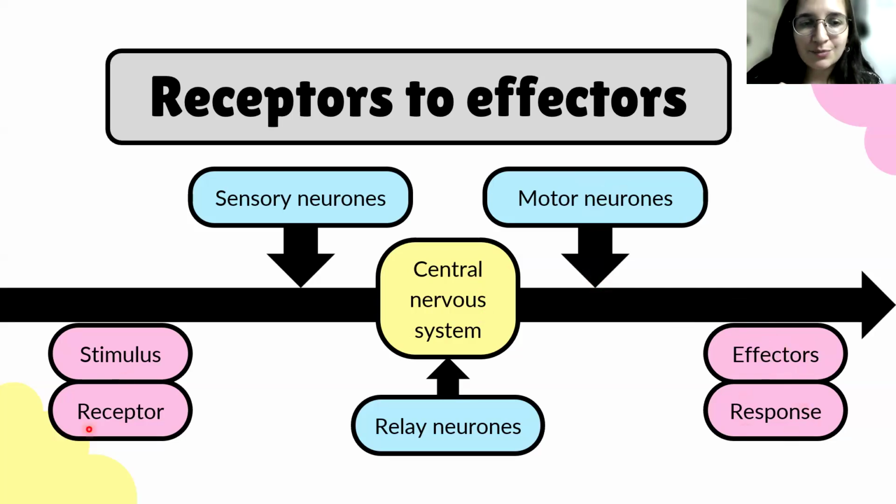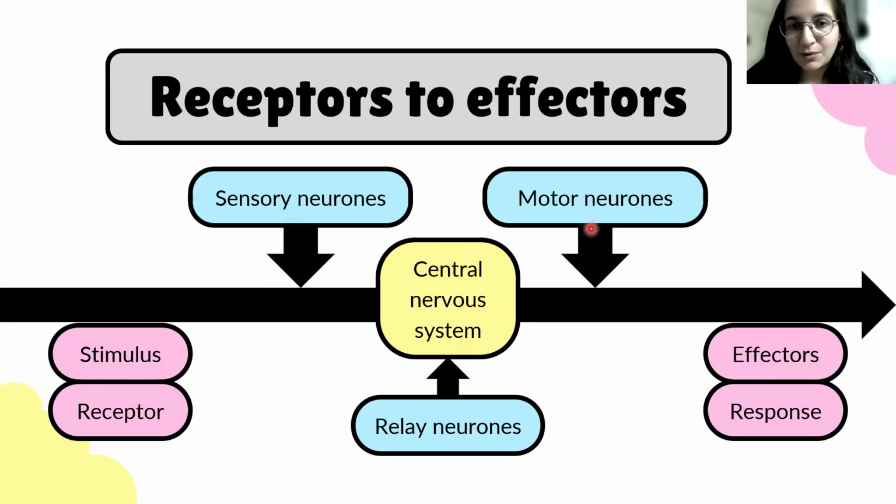So it all starts from receiving some change in the environment. Then the sensory neurons detect that and relay it to the central nervous system through the relay neurons, and the central nervous system decides what to do. The motor neurons are the ones that say, okay, it's time to act.